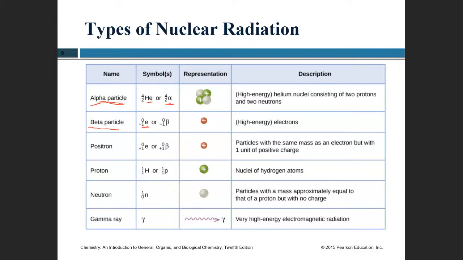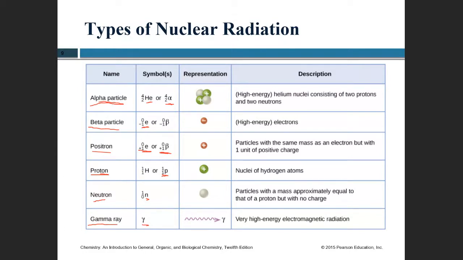The positron is a positive electron, and we give it this symbol. The proton, which we can write with the symbol p, 1 1, or hydrogen atom 1 1. The neutron is given the symbol n, 1 0. And gamma rays, and this is the symbol of gamma.